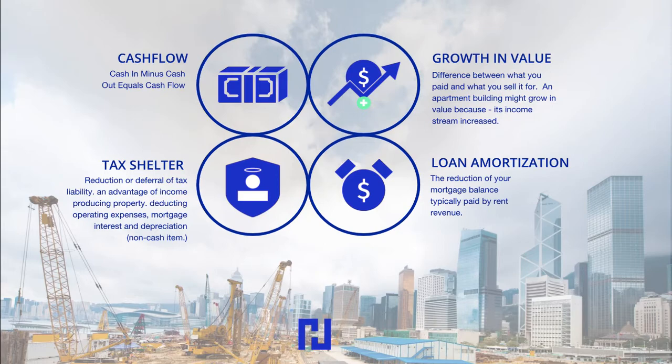This is a non-cash item. Finally, loan amortization. This is the reduction of your mortgage balance that is typically paid by the monthly rent revenue. Again, the combination of these 4 facets is really what sets real estate apart as a superior asset class for investing.